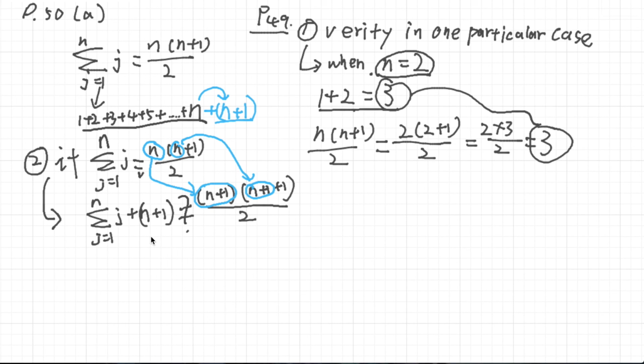And to do that, at least the way I found most natural, is to work on the left side. We already know that the sigma over j equals 1 to n of j, that part. Did you circle that? Yep. That part there, we know that that equals n times n plus 1 over 2.